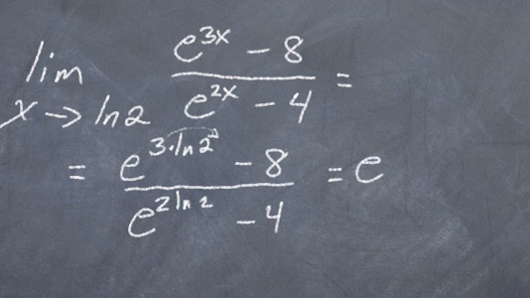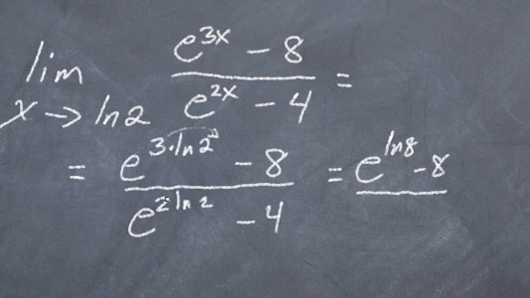So we end up with e to the natural log of 8 minus 8 over, and then we're going to do the same thing down here. You can bring this 2 right up here, and so this becomes e to the natural log, and this would be 2 to the fourth, which is 4.